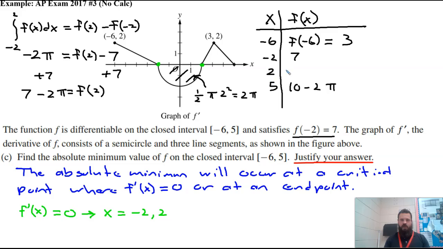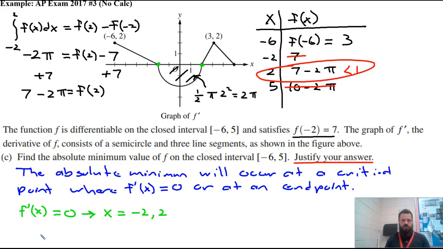Well, 7 minus 2 pi, I know that's going to be less than 10 minus 2 pi. I know it's going to be less than the 7. Now, is that less than 3? Well, 2 pi is about 2 times 3, a little more than 2 times 3, so this will be less than 1, we know. Okay, so there's our winner.